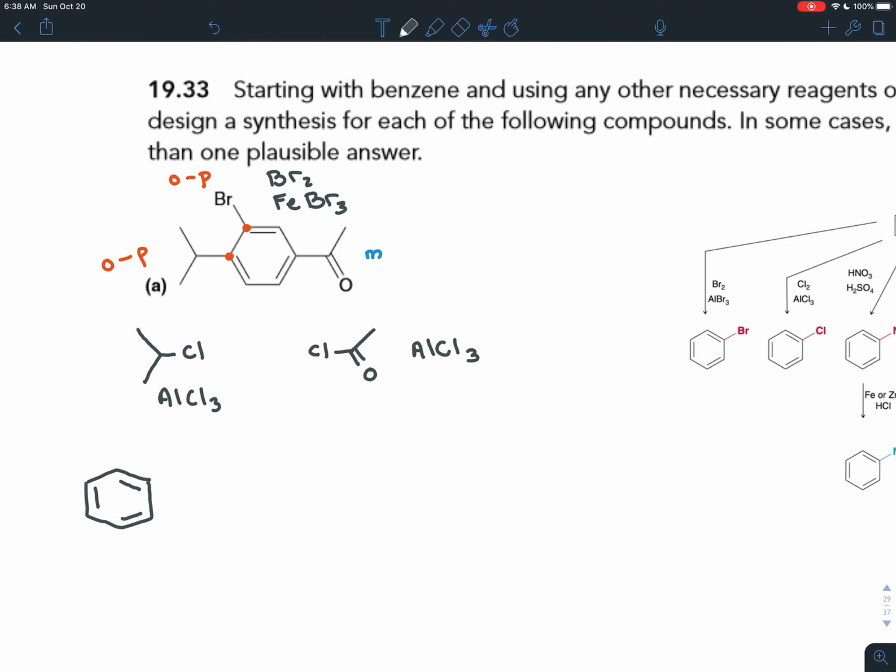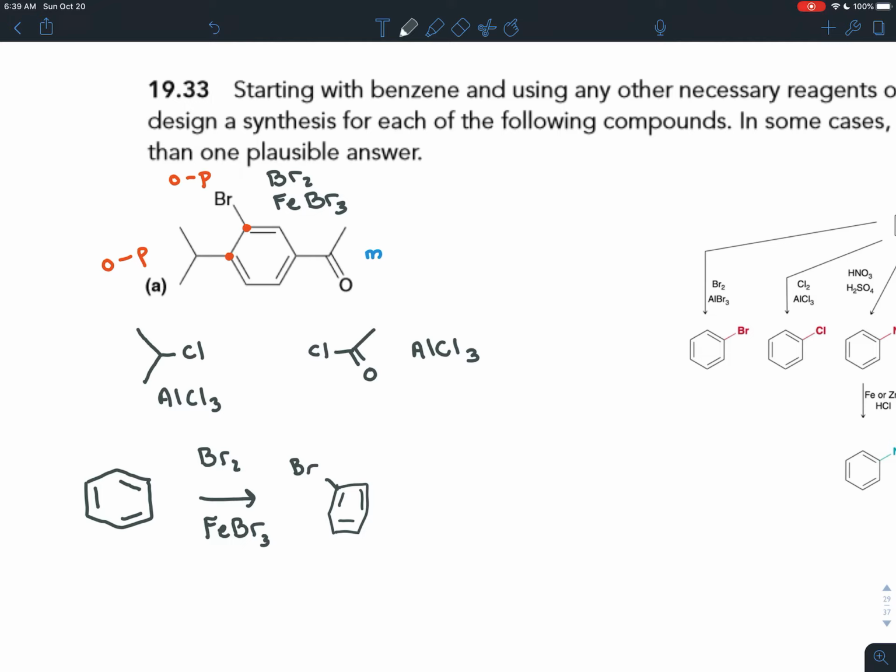So here, we could put, for example, we could put the bromine on first. And once you have the bromine on the molecule, that's an ortho-para director.